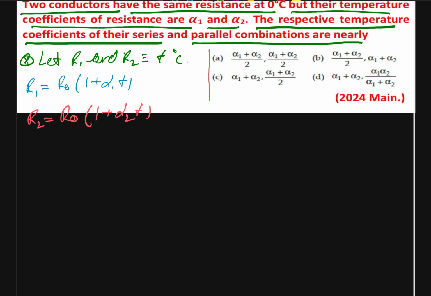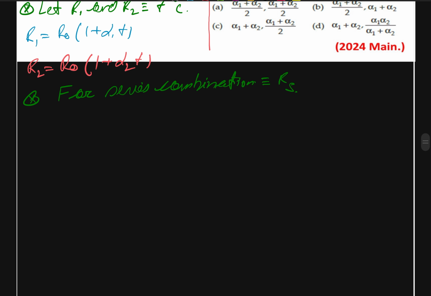Now these are connected in series as well as in parallel. So let us start with series. For the series combination, let us call the equivalent resistance RS. So RS will be equal to R1 plus R2.